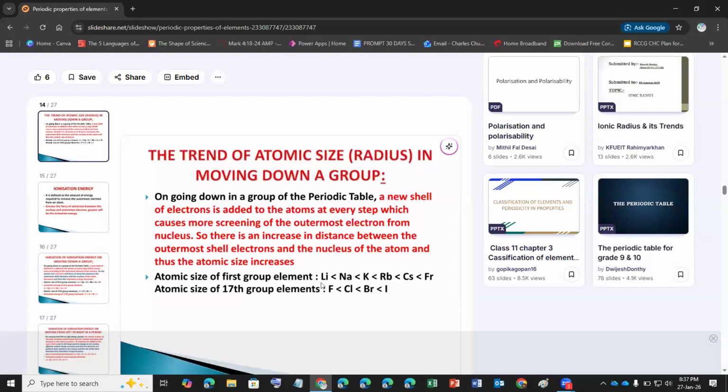But let's see if we can explain it. So potassium is more reactive than sodium, and sodium is more reactive than lithium.